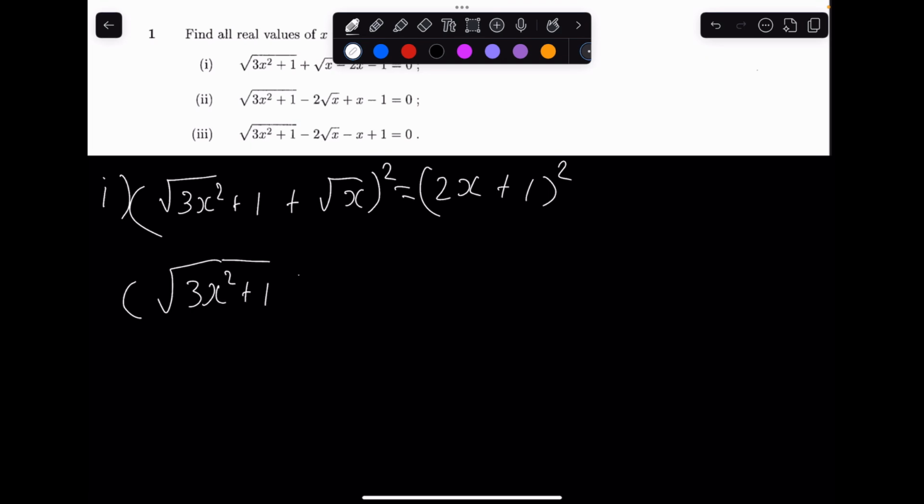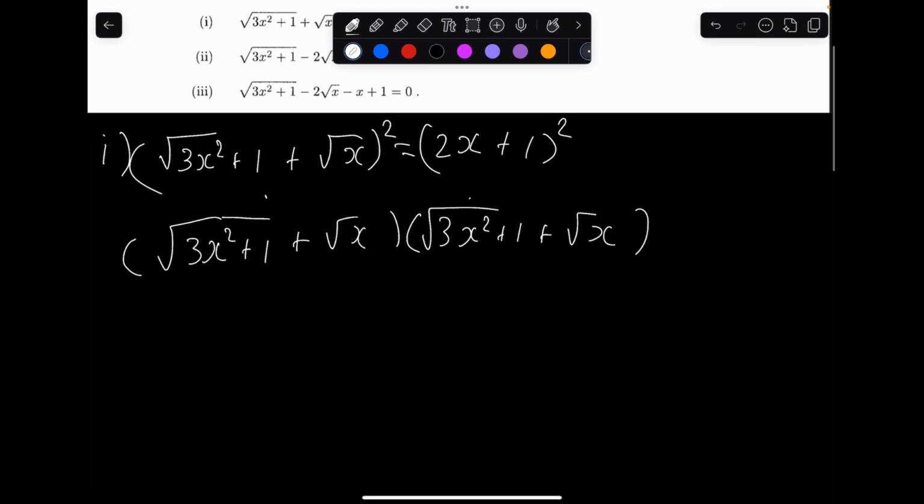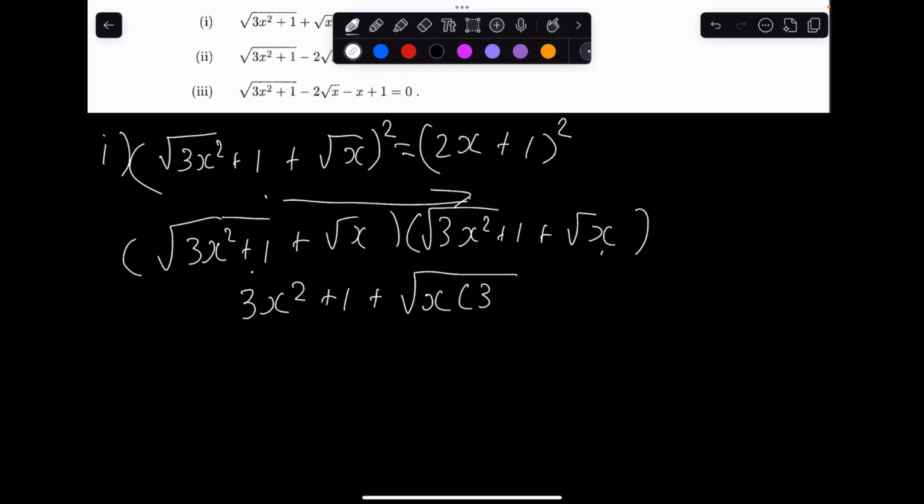So we have root 3x squared plus 1 plus root x, times root 3x squared plus 1 plus root x. If you times these terms together, it's just going to be itself, because that's how it is with roots. Times this by this, they all become one big root: x times 3x squared plus 1, and there's another one of that, so we write 2 here.